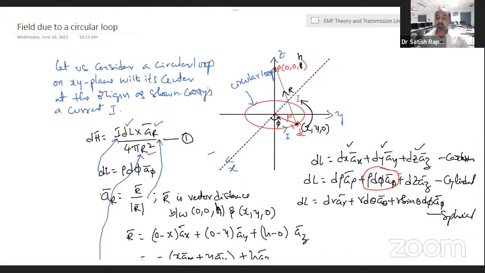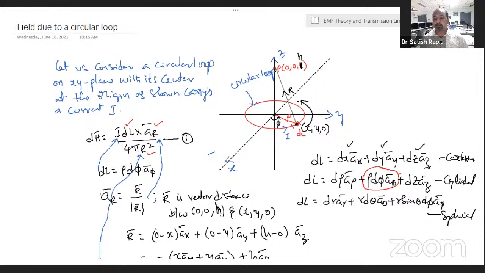Let us consider a circular loop on the XY plane with its center at the origin, as shown in the figure, and the radius of the circular loop is rho. The magnetic field is determined at a point P, (0, 0, H).